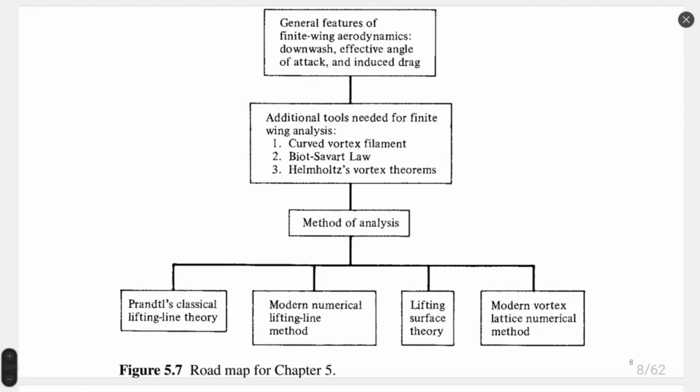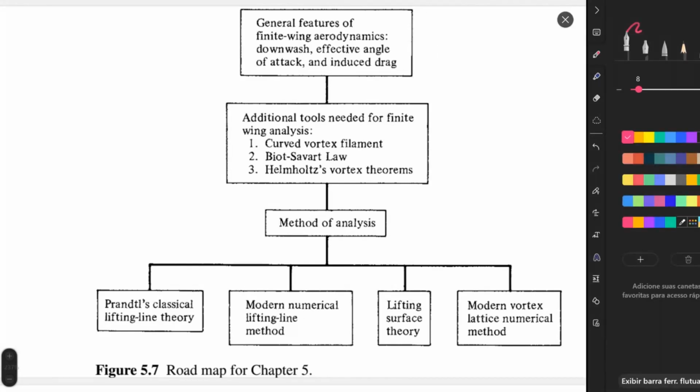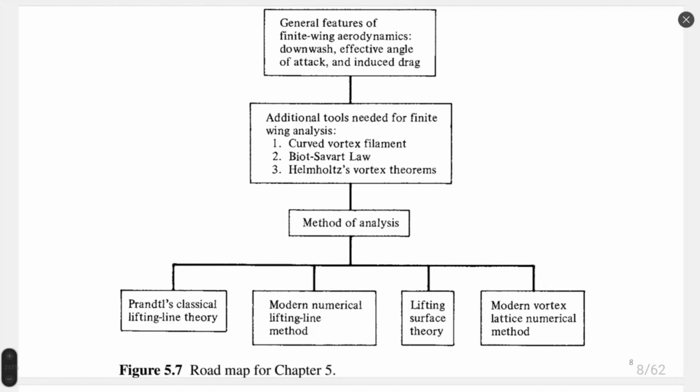Then we go to different methods of analysis when we apply these three tools. They are Prandtl's classical lifting line theory, the simplest method allowing us to calculate lift on the wing. Then a modern numerical lifting line method, which allows us to calculate wings of more complex geometry. I also discuss limitations of this method in this chapter. Then lifting surface theory, which allows us to calculate three-dimensional wings.